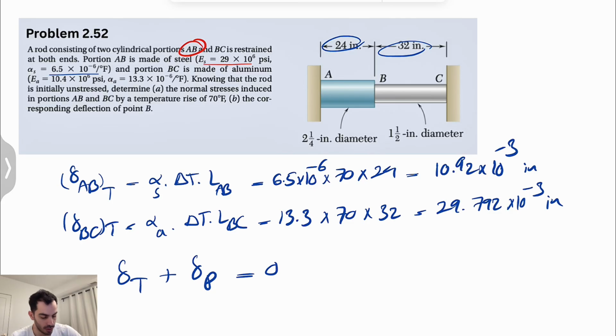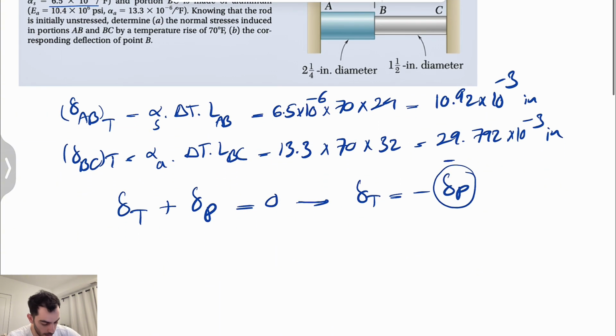In other words, the delta of T has to be negative delta of P, and since this is a compression, it will be a negative value. Now let's see what we have in each of them because of the compression that is forming at the two ends.